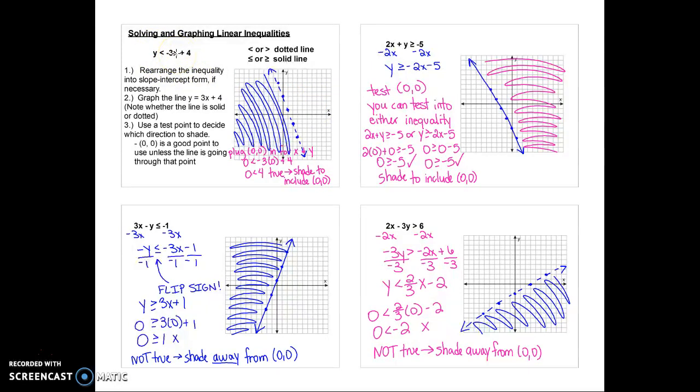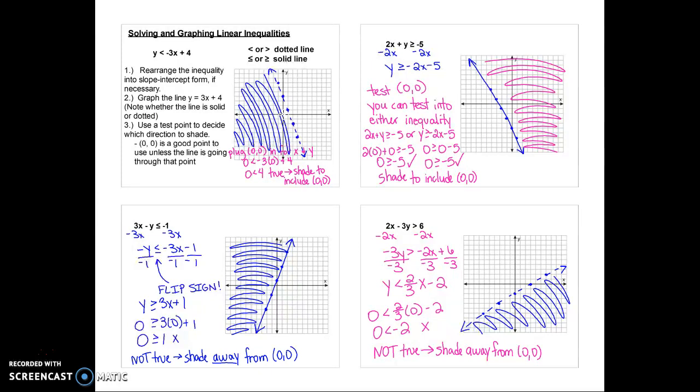Now, the easiest point to plug in is 0, 0. The only time you cannot use 0, 0 is if your line goes straight through the origin, because then 0, 0 is on the line. But 0, 0 is typically the easiest to plug in because things cancel. It's quick work and a quick check to see where you should shade.